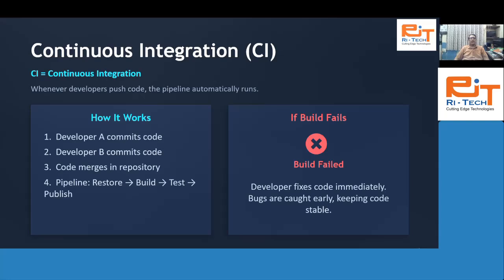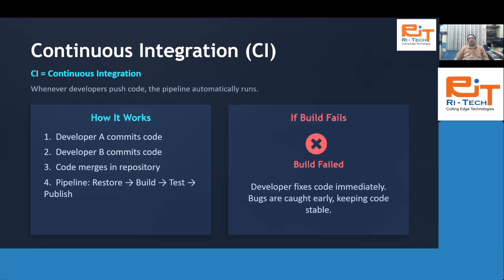What the pipeline does is call the restore, so all the packages will be restored. Then it will call the build, then the test, and then the publish. If the build fails, the developer will fix the code immediately. Bugs are caught early, keeping the code stable.